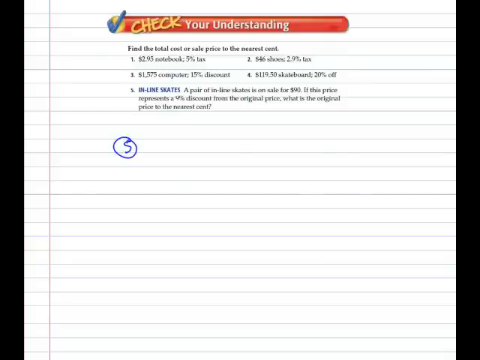In my last problem, number 5. A pair of inline skates is on sale for $90. If this price represents a 9% discount from the original price, what is the original price to the nearest cent? Well, my $90, not 90%, represents 91% of my original price.